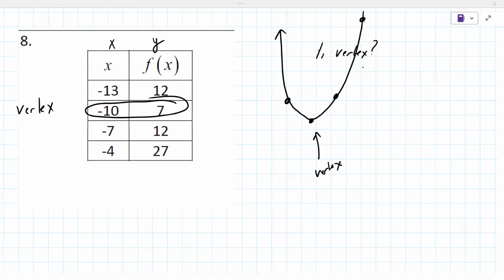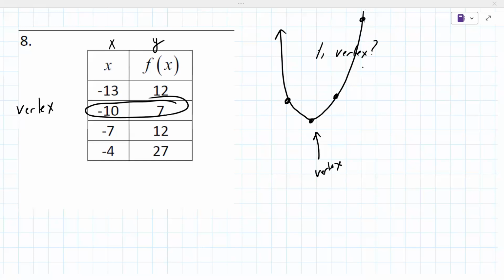Here, let me pull in that problem from the notes. So we did this problem.